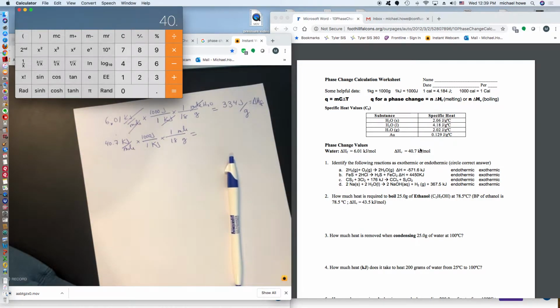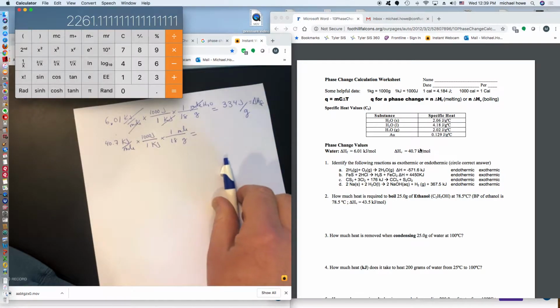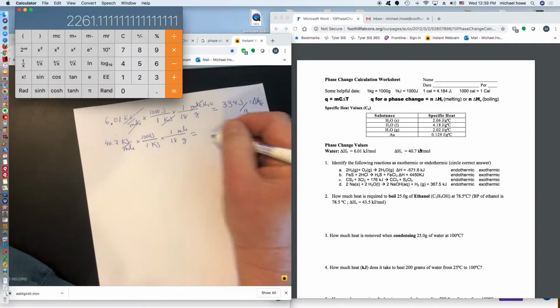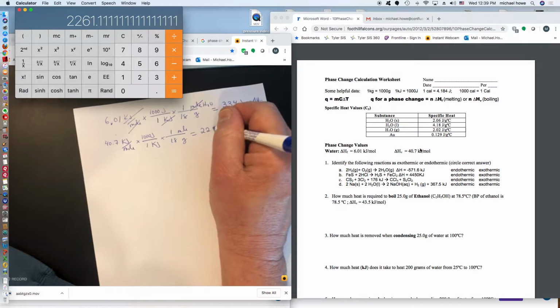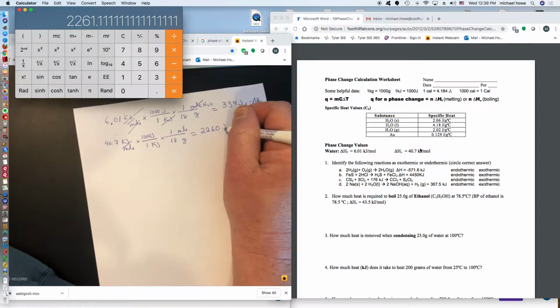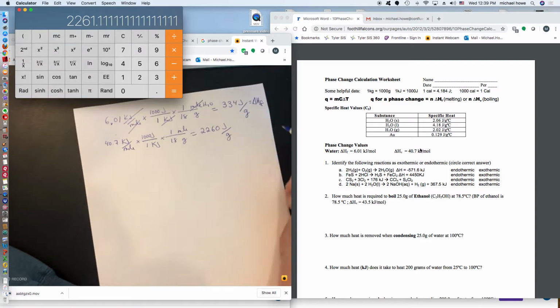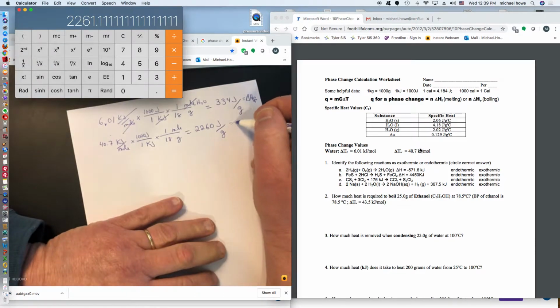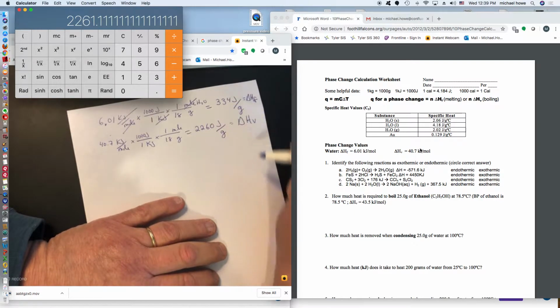So you have 40.7 times 1,000, and then divide by 18. So you get 2261. And I'll just use 3 significant digits on that also and call it 2260 joules per gram. So these are the heat of fusion and heat of vaporization values that we will use in these problems.